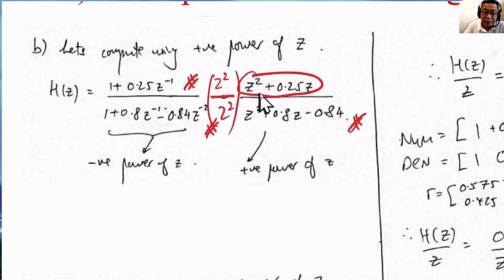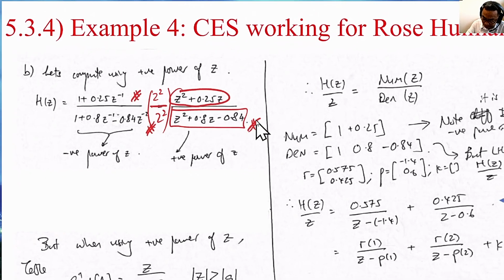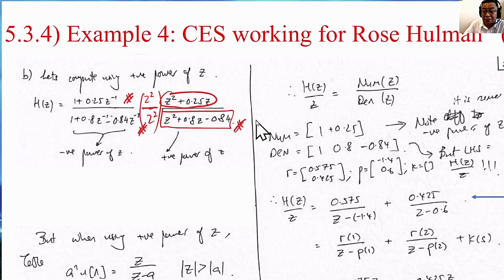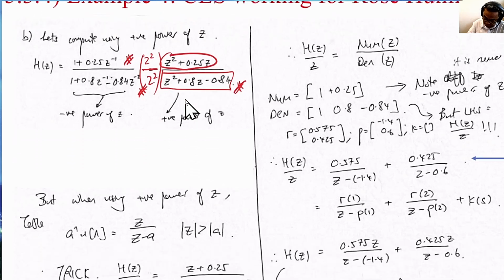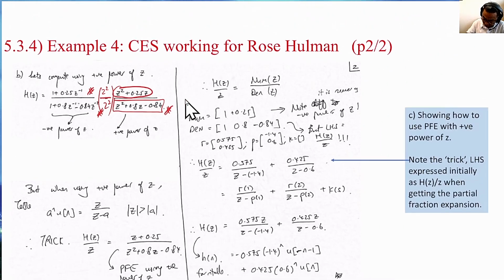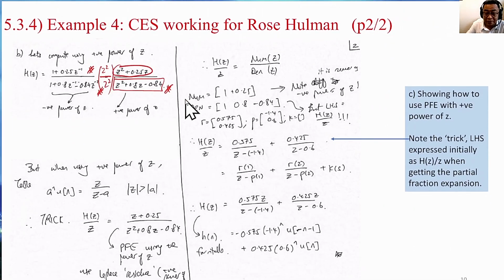The numerator becomes z squared plus 0.25z. The denominator becomes this expression. If you remember, we are now in positive powers of z. You realize that you must use residue now instead of residuez.